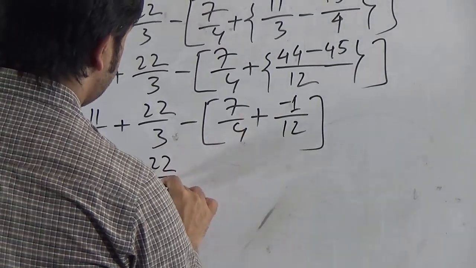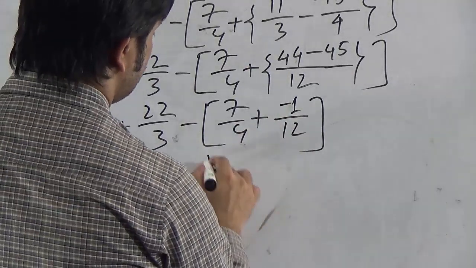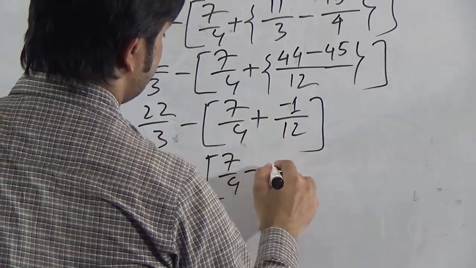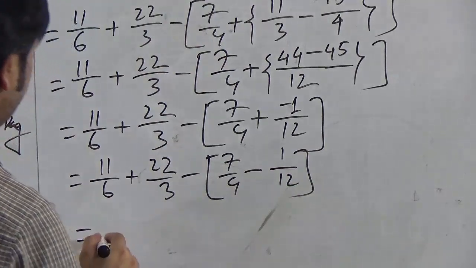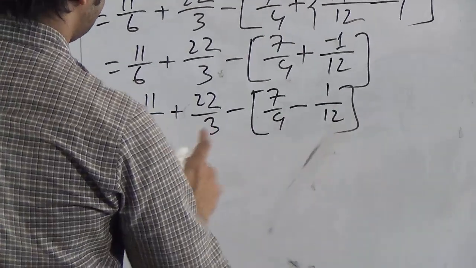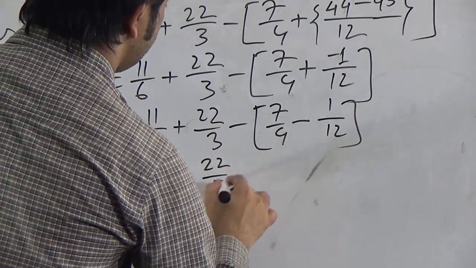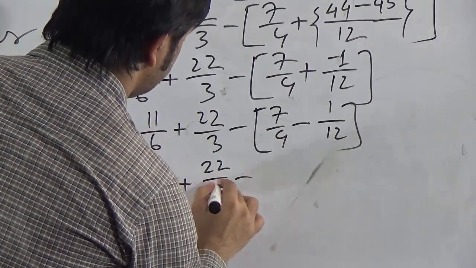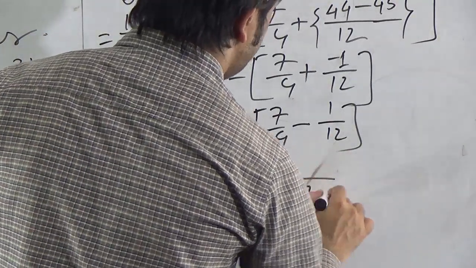We can keep two signs, addition and subtraction, together. So we can write in this way, 7 by 4 minus, plus and minus will be minus 1 by 12. Now I have to complete the work of the third bracket. Now the third bracket, LCM is 12.